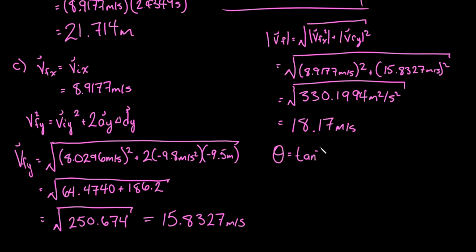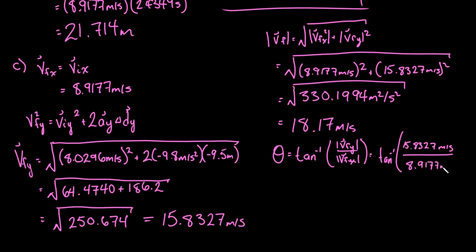Okay, then we need to find that angle. So to find it compared to the horizontal, you're doing VF in the y direction over VF in the x direction. Okay, so we're taking the tan inverse of 15.8327 divided by 8.9177. Okay.